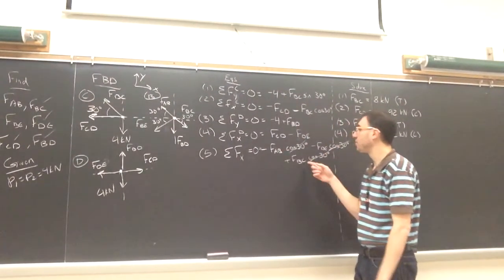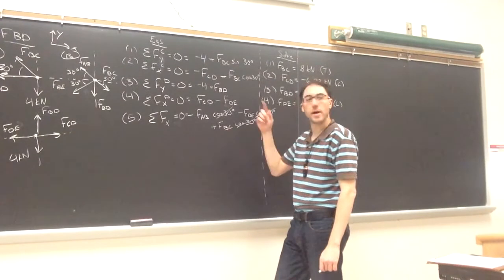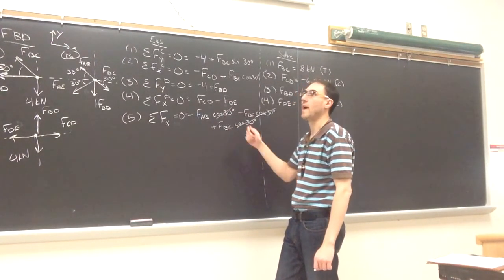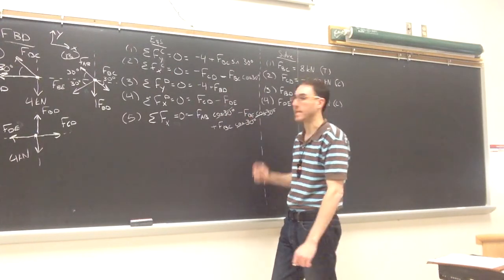I still have two things I don't know left in here, so I need my sixth equation so I'll have enough to be able to solve for FAB and FBE in the end.